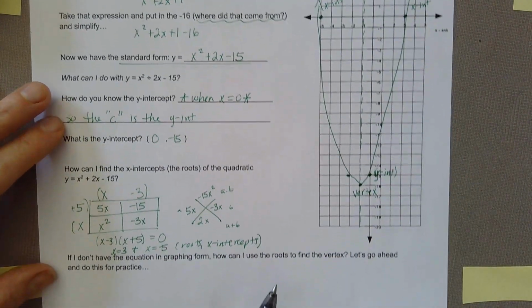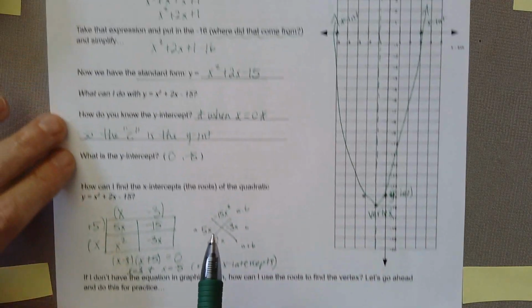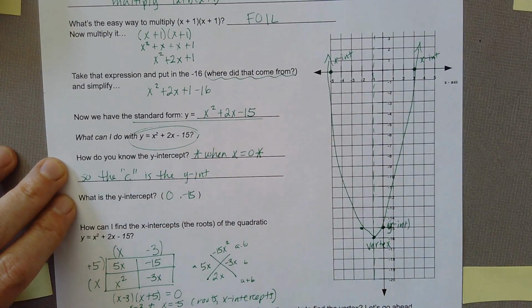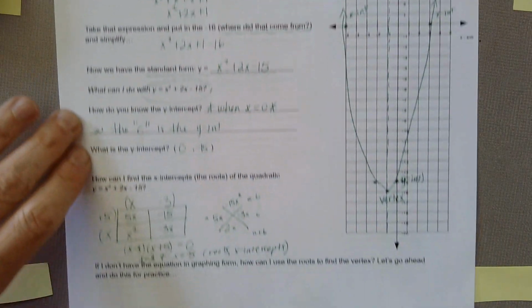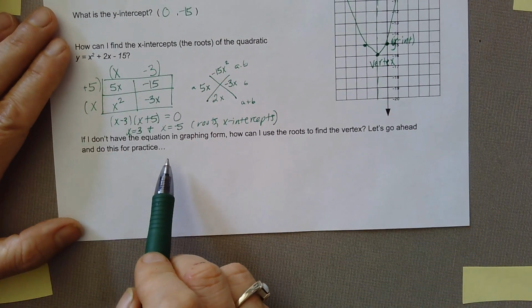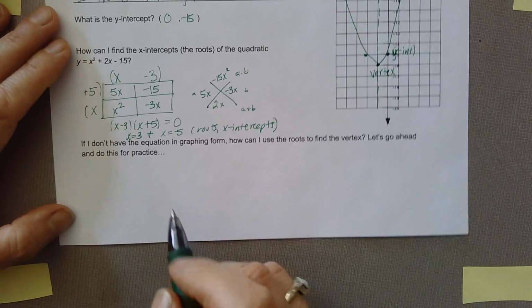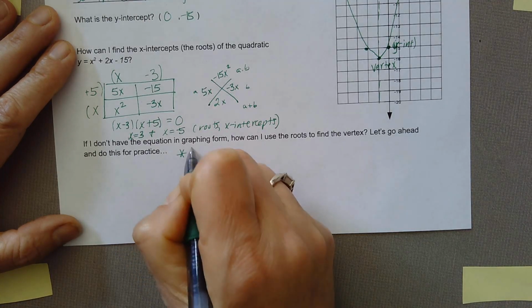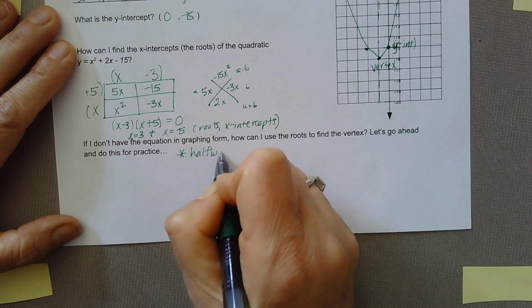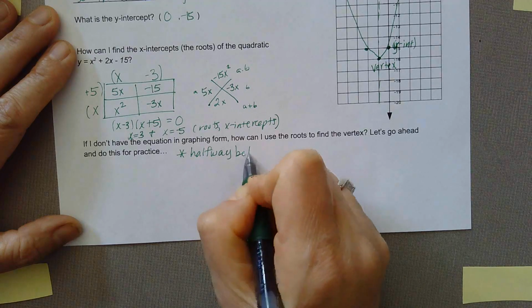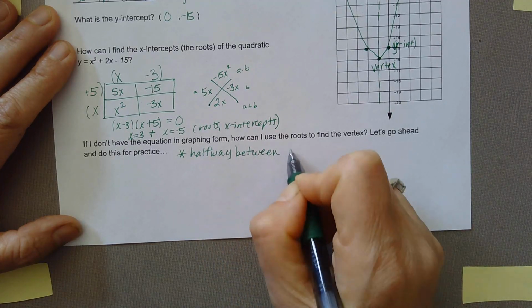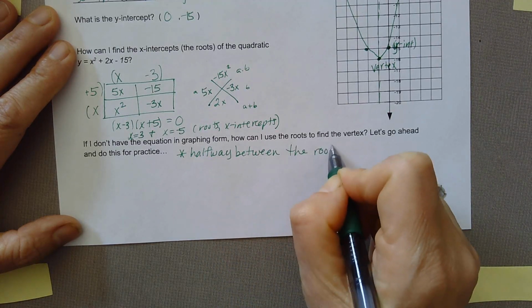But let's look at one last thing. Let's say that you're only given the standard form, which means we don't have the graphing form to help us with the vertex. How would I find the vertex if I only had the standard form? Remember, the vertex is halfway between the roots.